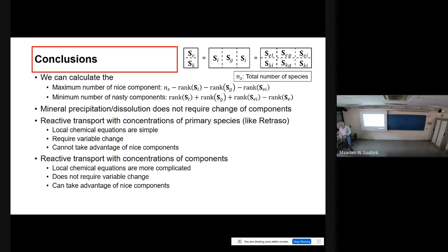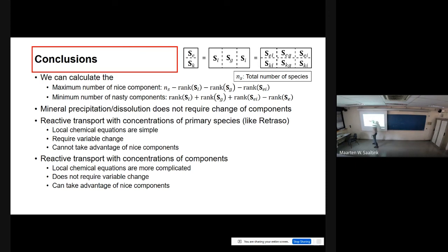Okay, just some conclusions. We can calculate the maximum number of nice components and the minimum number of nasty components. And of course, you have to think a little bit about the stoichiometry, because I deduce it from my chemical system, from my stoichiometry.